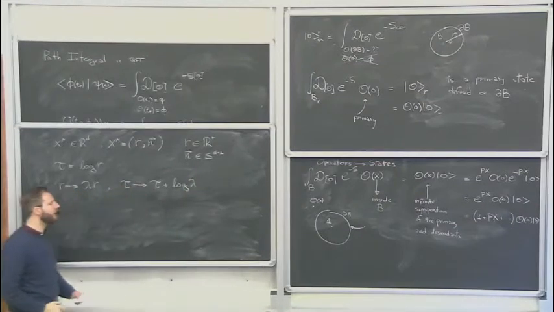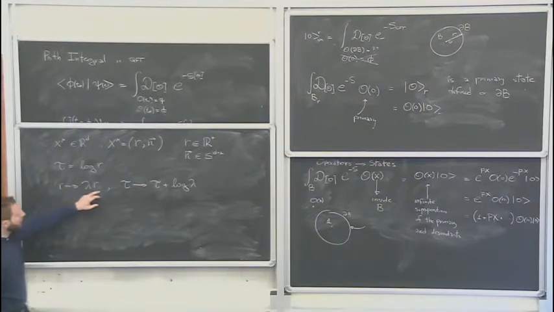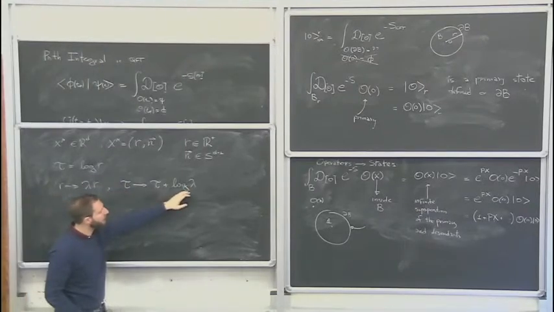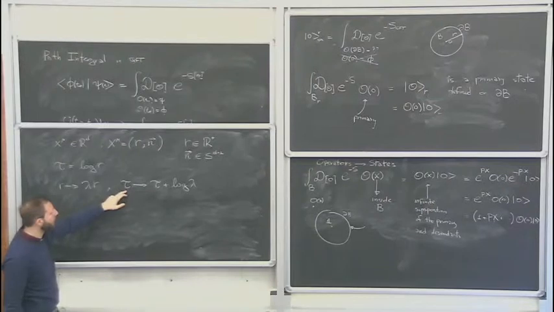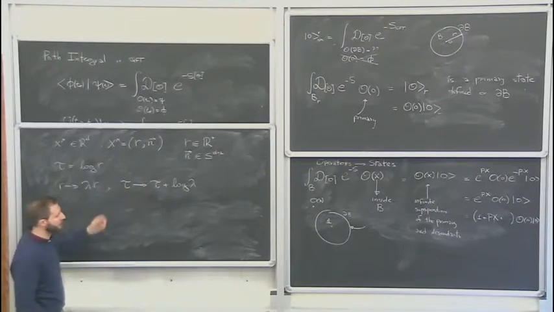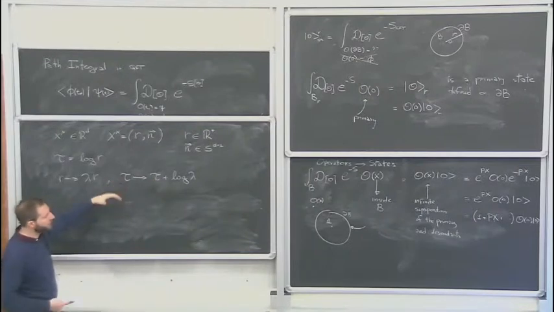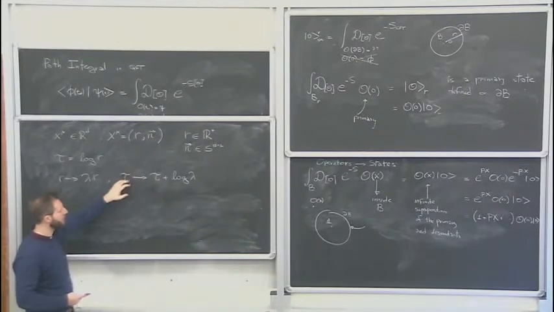This is a trivial thing, but it looks like in this new variable, the dilatation looks remarkably similar to a time translation. So we would like to interpret tau as sort of time under which we are evolving.